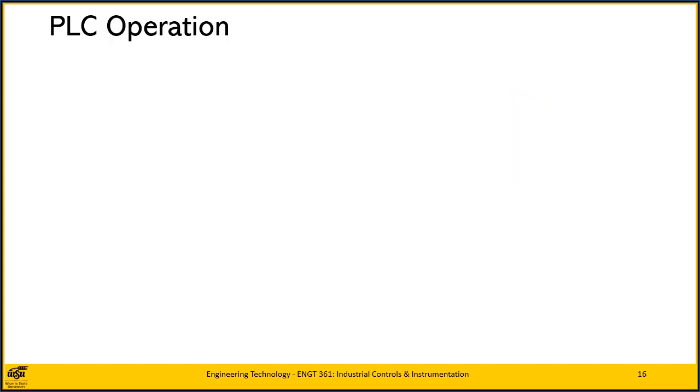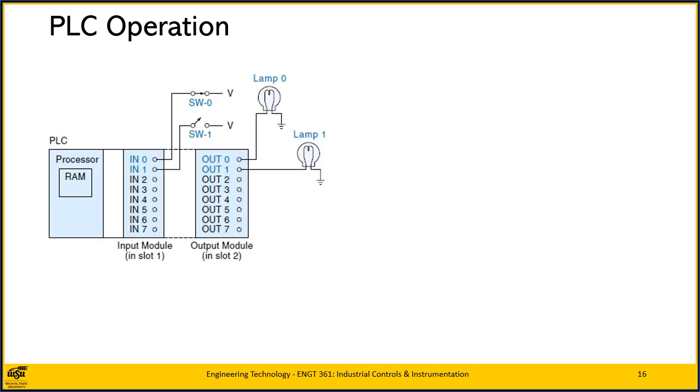The PLC accomplishes its job of implementing the ladder logic control program in a typical computer fashion, one step at a time. To see how it does this, let's examine a simple PLC application of turning lamps on and off. Notice that the PLC has one input module and one output module.